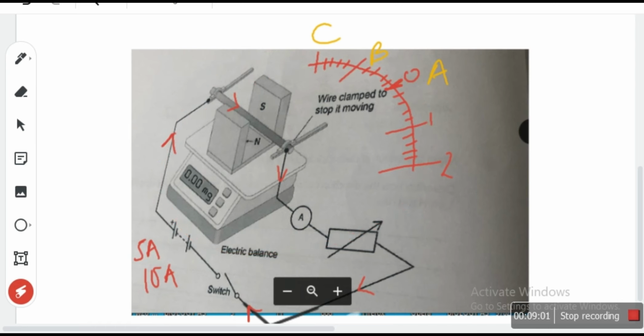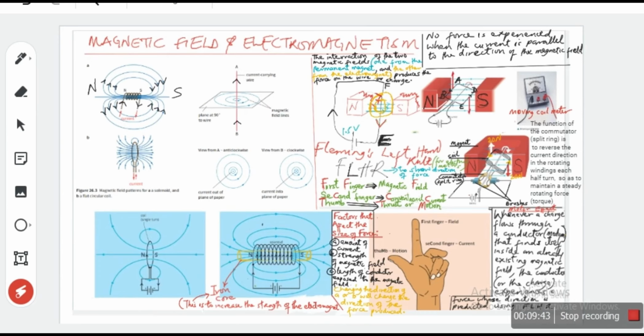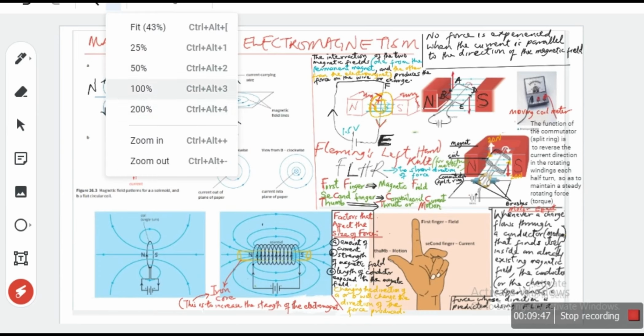Motor effect. When current flows of a particular value, it experiences a push. This push moves a pointer from the 0 position to a new position. This point is very important.